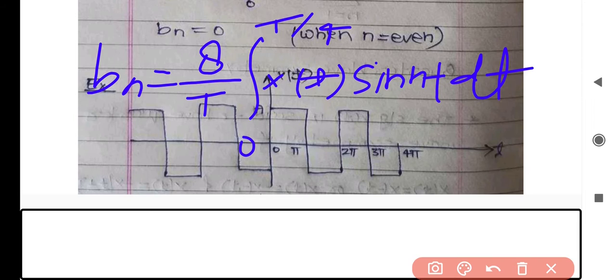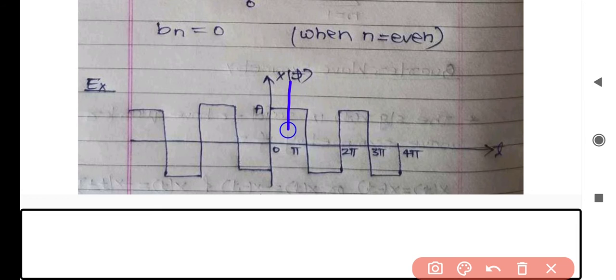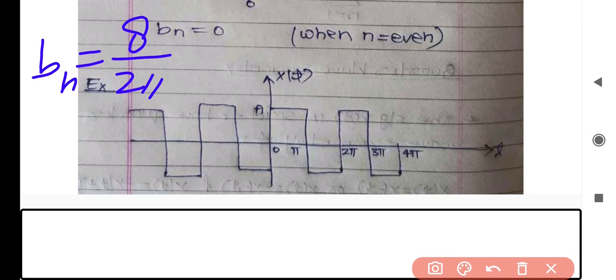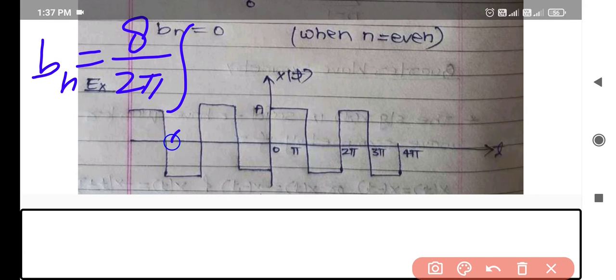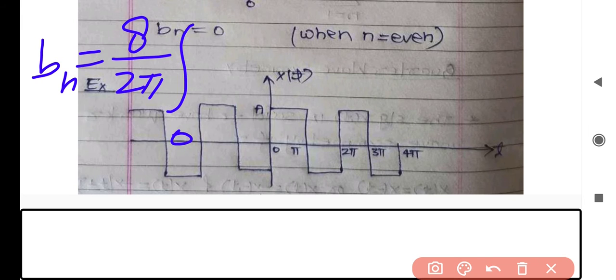For the quarter time period and half time period, the value of the signal for 0 to T by 4 is A, so we will calculate it as bn is equal to 8 by T, means 8 by 2 pi, T is 2 pi, 0 to T by 4, T by 4 means 2 pi by 4, means pi by 2.